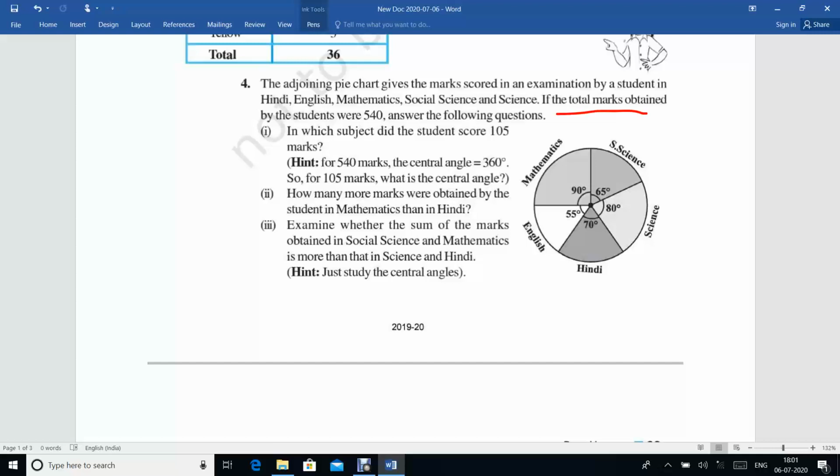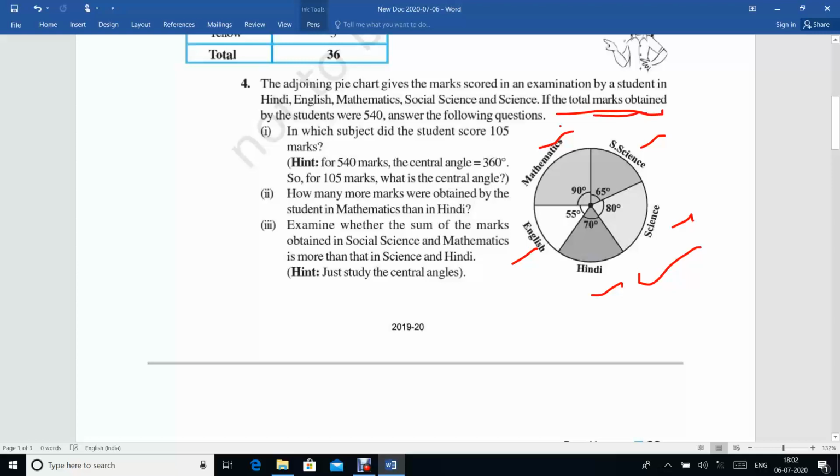Now you have to answer the questions, and the first part is, in which subject did the student score 105 marks? In this pie chart you are given central angles and the portion for mathematics, social science, Hindi and English.